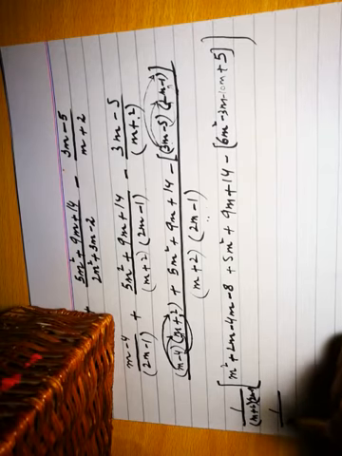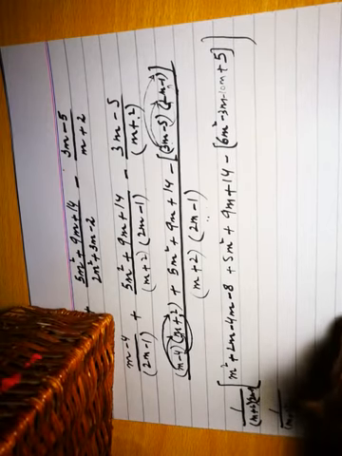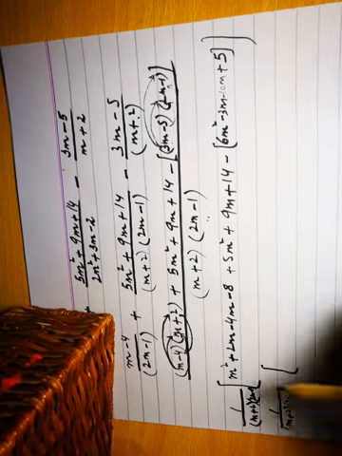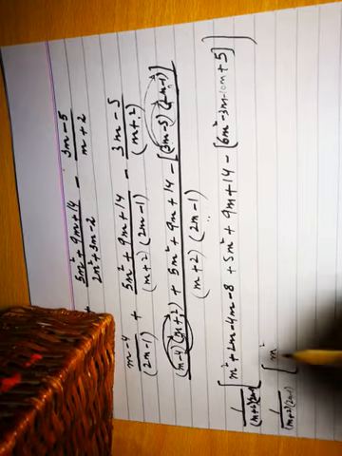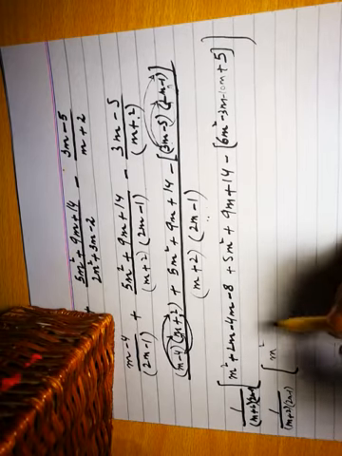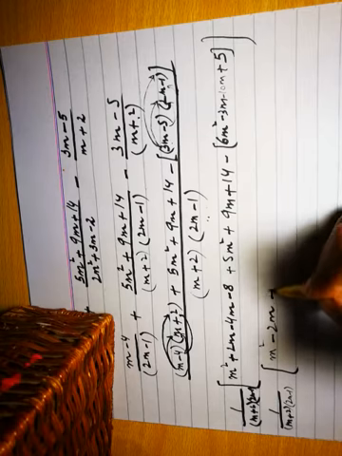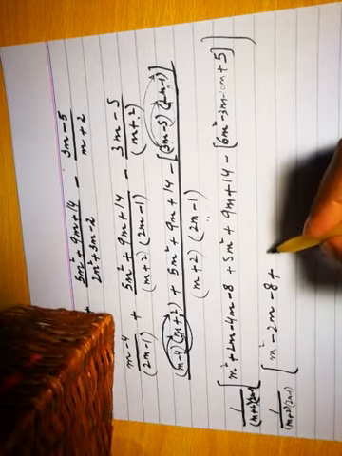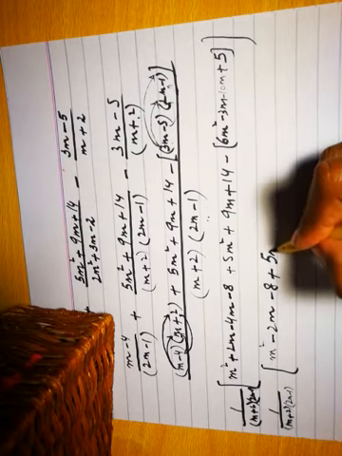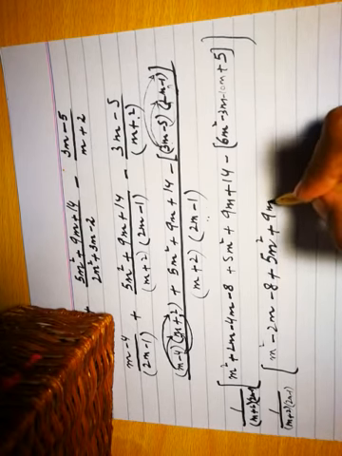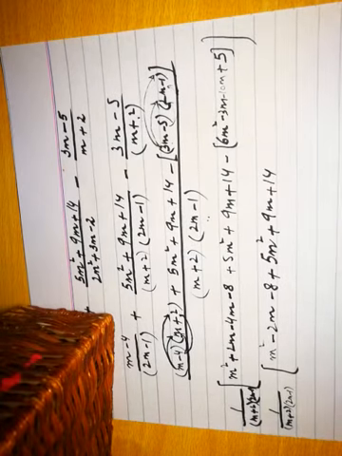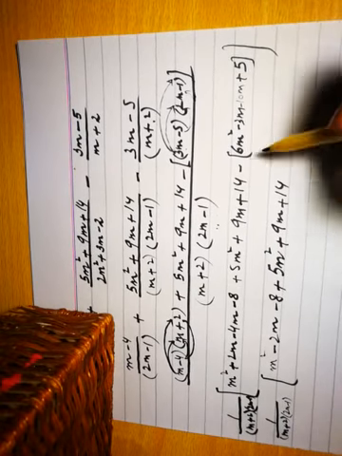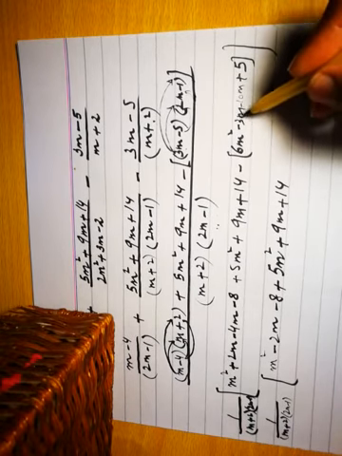Now 1 over m plus 2 and 2m minus 1, bigger bracket. I'm going to simplify. I'm having m square plus 2m minus 4m will give me minus 2m, minus 8, plus 5m square plus 9m plus 14 as it is. And now I'm going to simplify this.